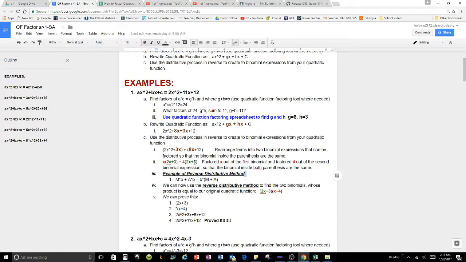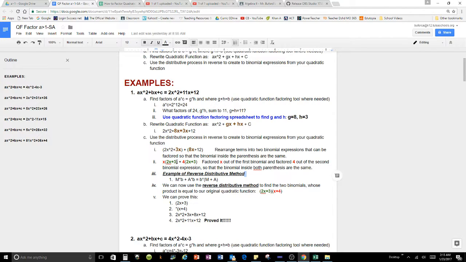And so now that we have the expression in this format, we can now use the reverse distributive method to turn this equation basically into this.